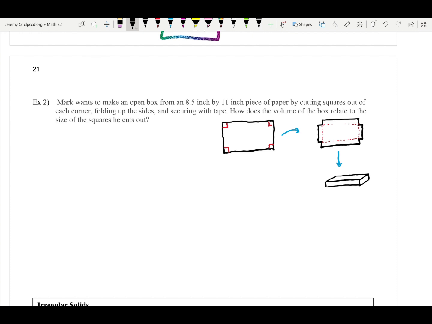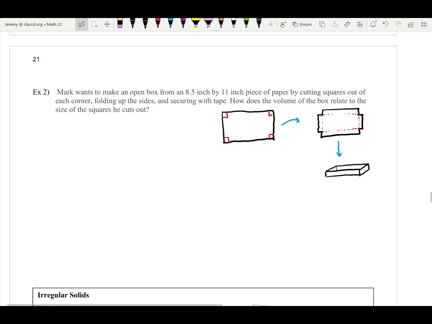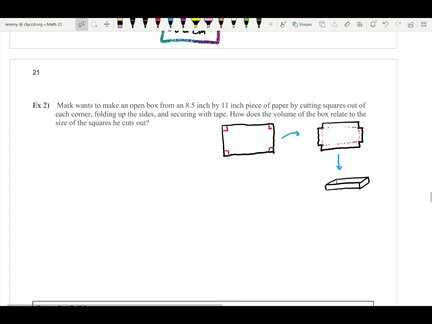Again, sorry, my drawings are not great, but I hope you get the idea. Okay, so cut out those corners, fold up the flaps, you get a box. Now, what we're trying to determine is how does the volume of the box relate to the size of the squares that we cut out?